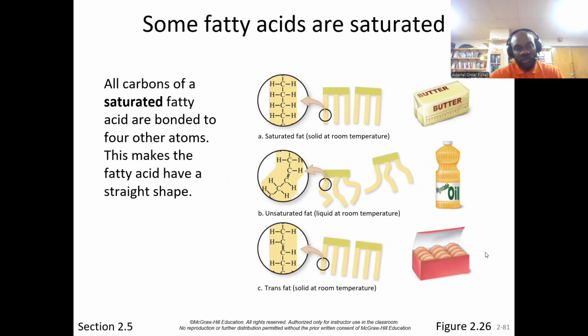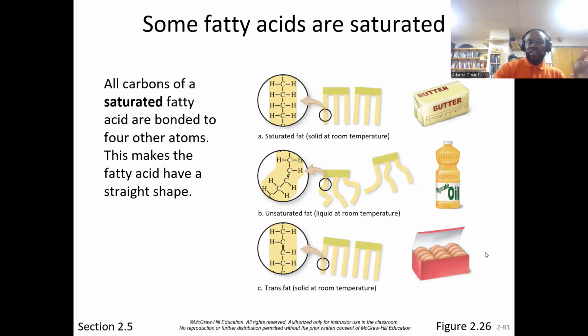All carbons of a saturated fatty acid are bound to four other atoms. So you see each carbon bound to two hydrogens and two other carbons. This gives it a straight shape, but you can also have unsaturated fat, which you may have heard of, when you have carbon double bound to carbon and it's not fully saturated.